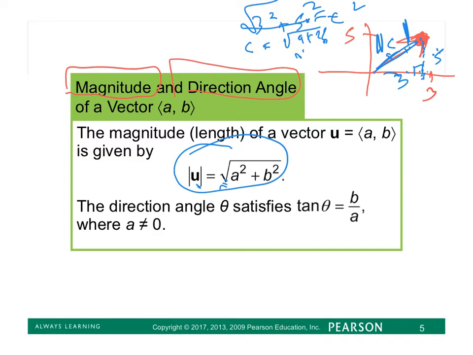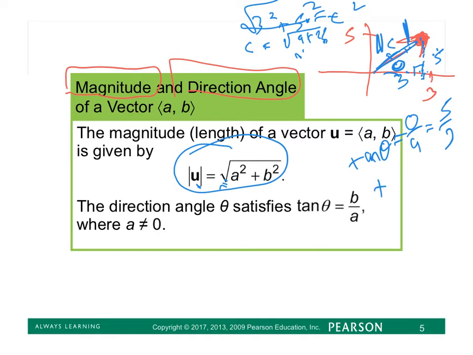Looking at that same picture, if I need that angle, what did we learn before about finding that angle? Well, I have two of the sides, so the trig function I would use is tangent. So we know that tangent of theta must be opposite over adjacent, which in this case is 5/3.